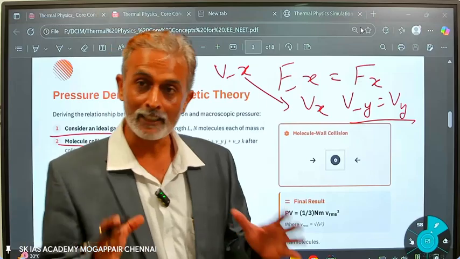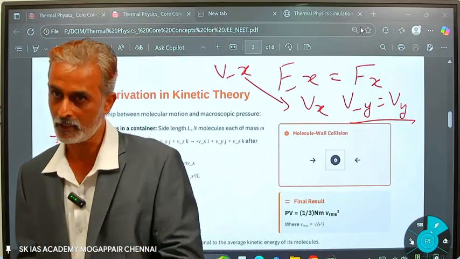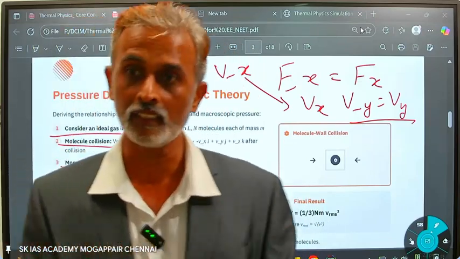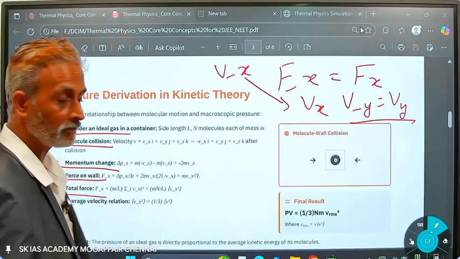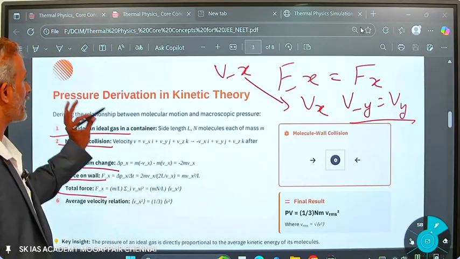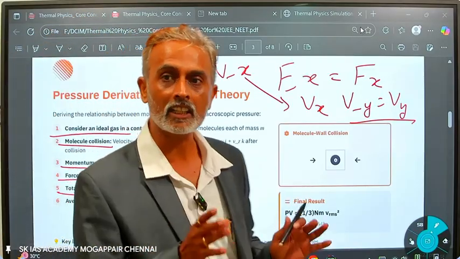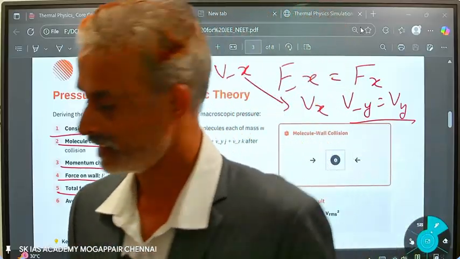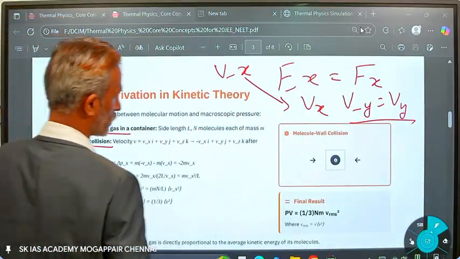Try to understand the 100% concept as well as the derivation as well as the real physics. So this is the pressure derivation in the kinetic theory of gases. Understand? So note down.